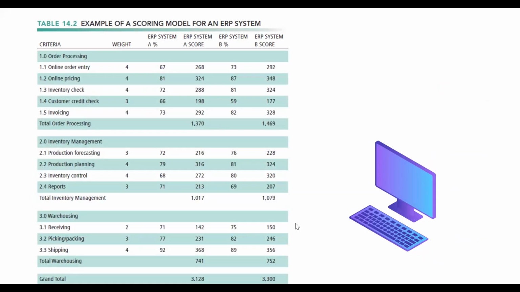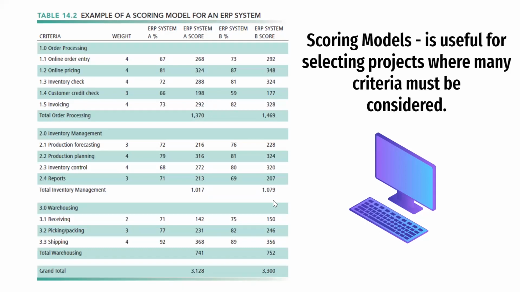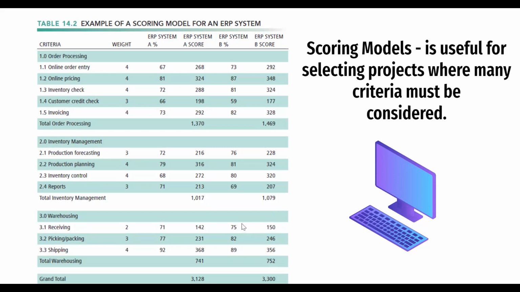Next are the scoring models. The scoring models are useful for selecting projects where many criteria must be considered. So here is an example of a scoring model for an ERP system, or enterprise resource planning.